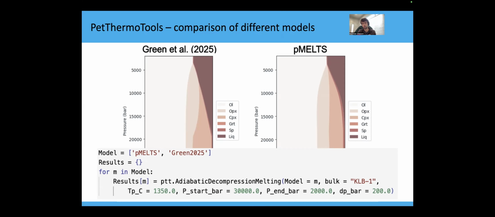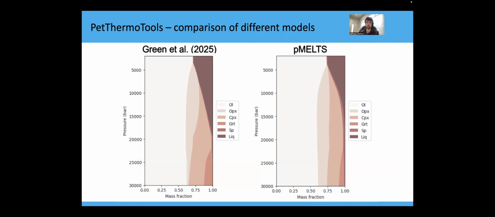This means that you can use it regardless of whether you use Green or pMELTS. You can once again use that phase plot function to create a plot such as this, looking at the predicted phase assemblage of the mantle during adiabatic decompression melting in a system that might approximate the conditions we'd expect beneath a mid-ocean ridge in this case.